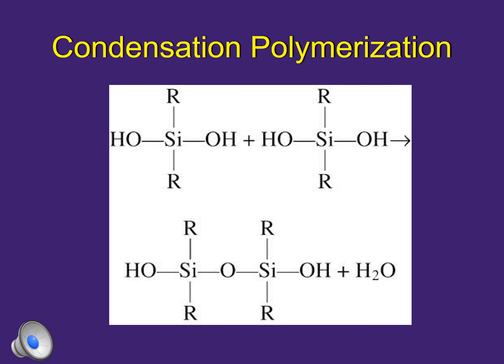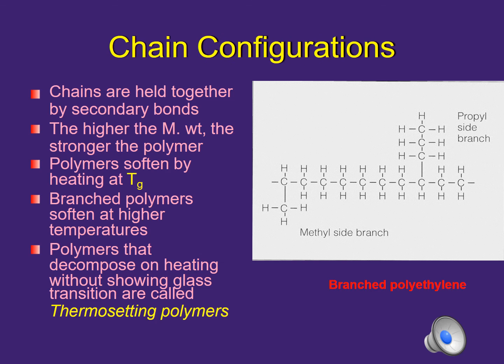In this case, monomer units with a carbon-carbon double bond are not necessary, as shown in the following example of a silicone, which is an inorganic polymer formed by condensation of silicon.